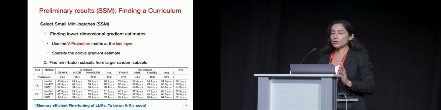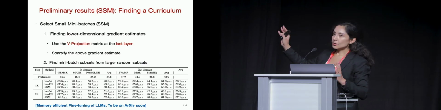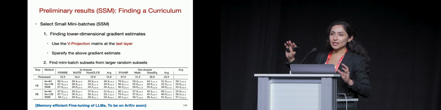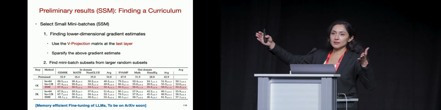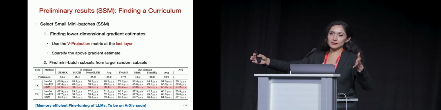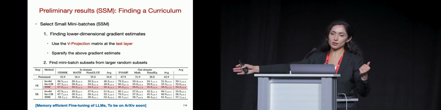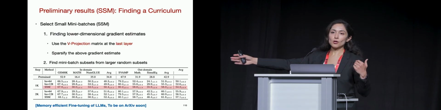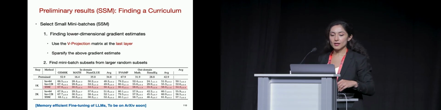So here our larger subset, this is preliminary results, and we are going to put this on arXiv such that you can check the details very soon. But our larger subset, a larger mini batch or random subset, is the size of 128. And we want to select 64 out of 128. We can do larger. We can go to 256 or potentially larger.